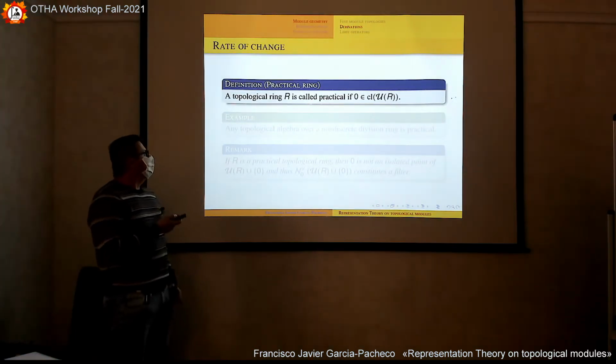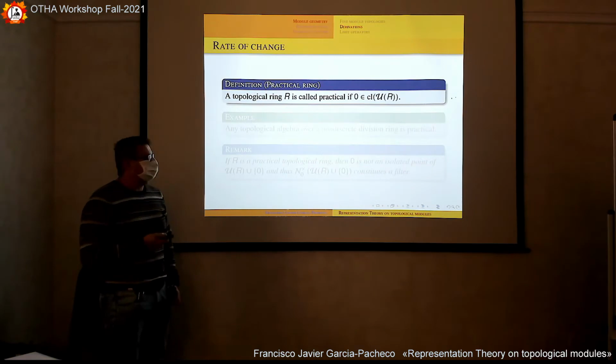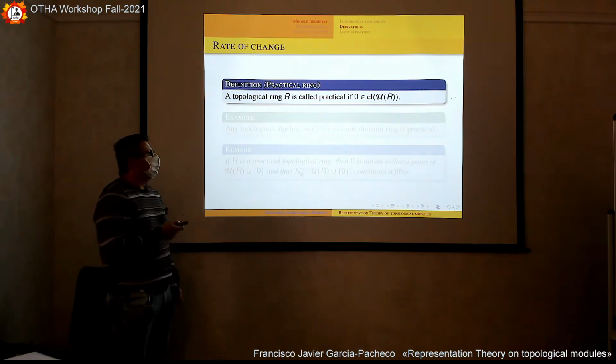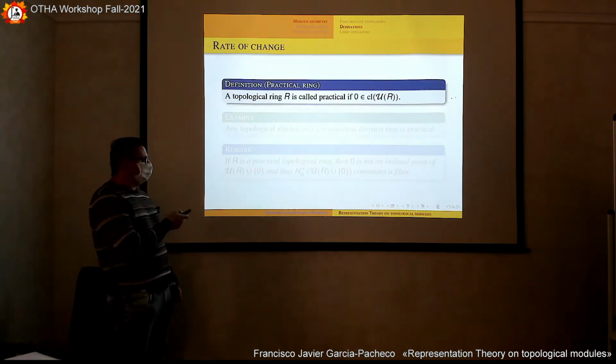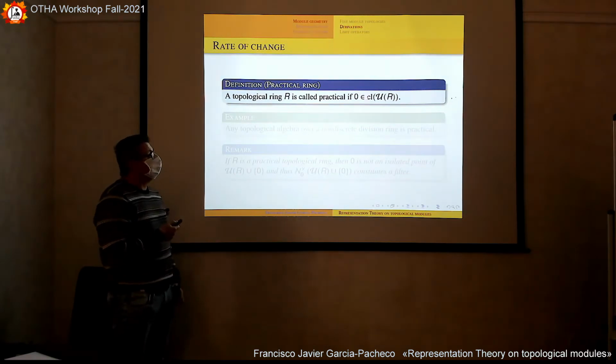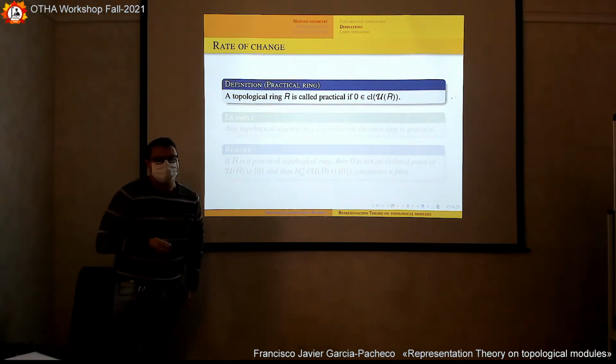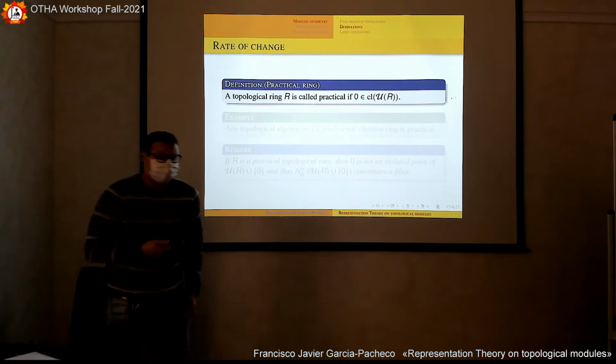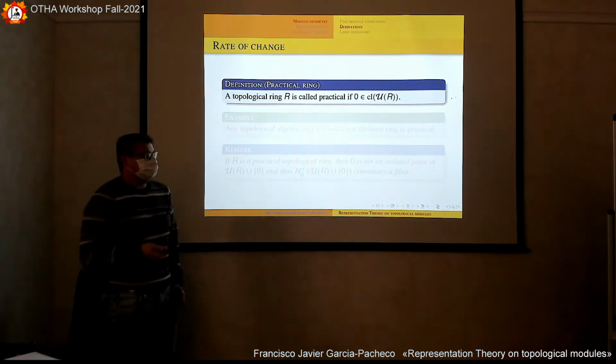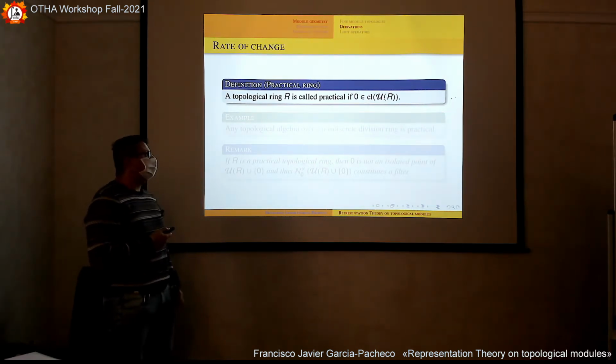But not any topological ring is valid. We need to consider topological rings for which 0 is in the closure of the invertibles, because otherwise you can't take the limit at 0. So a topological ring is called practical if 0 is in the closure of the invertibles.